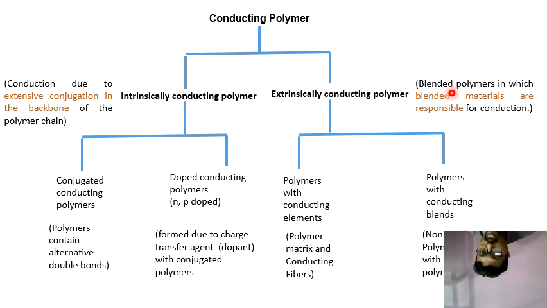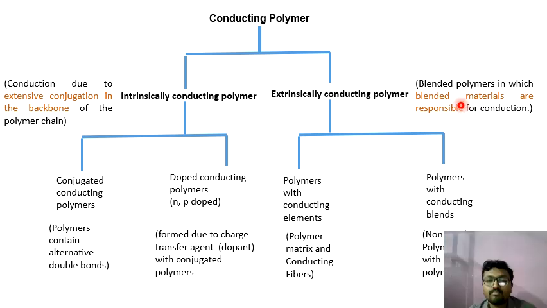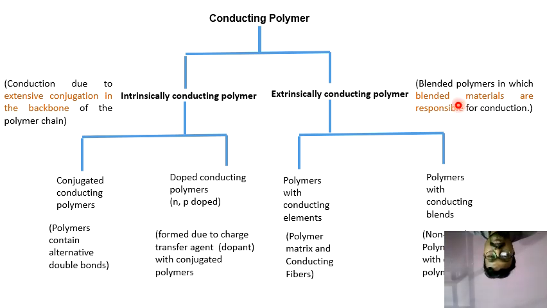Because of that, the total polymer material is conductive. So extrinsically conductive polymer can be of two types: polymer blended with conductive element, and polymer blended with conductive polymer. Okay, so these are the two types of extrinsically conductive polymer.